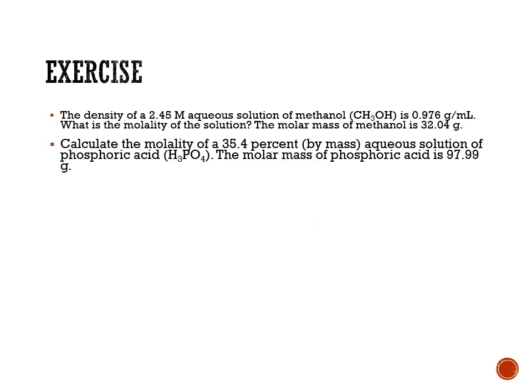So, for the next question naman, calculate the molality of a 35.4% by mass aqueous solution of phosphoric acid or H3PO4. The molar mass of phosphoric acid is 97.99 grams.